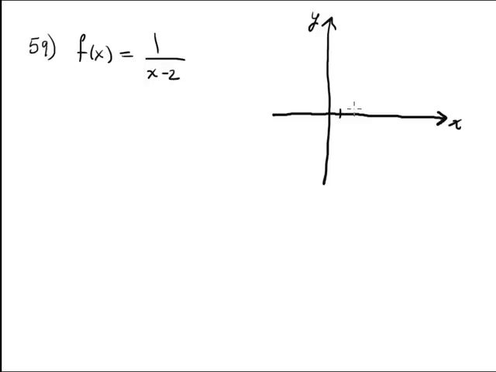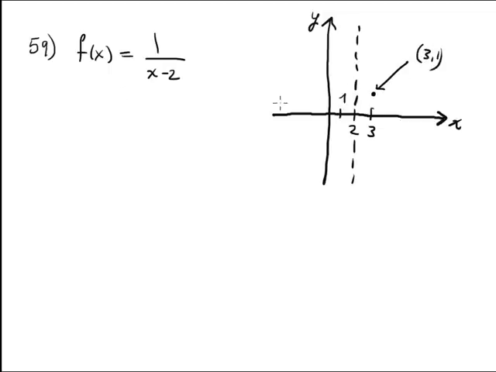Here at 2 we have the vertical asymptote. For example, let me select another point, x equals 3: 3 minus 2 is 1, and 1 over 1 is 1. So we have one reference point, the point (3, 1).